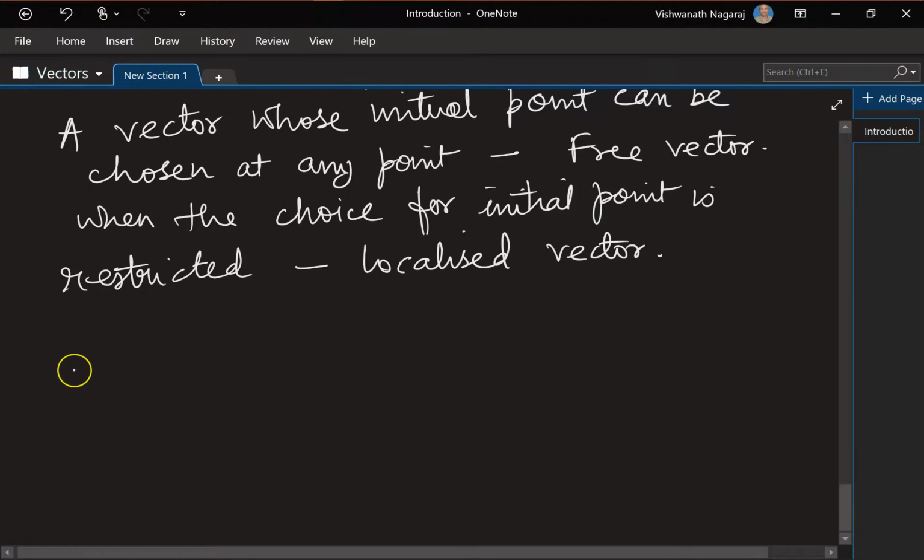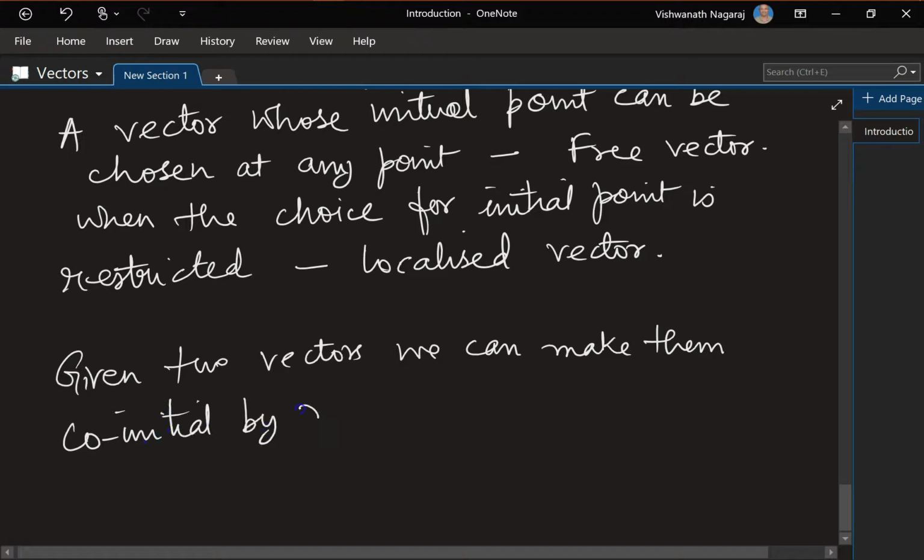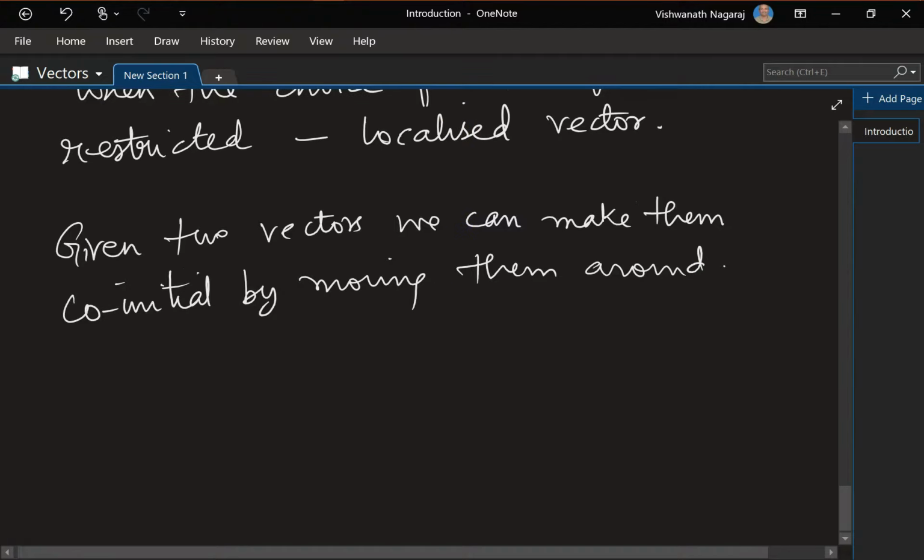As mentioned before, given two vectors, we can make them co-initial by moving them around. So say for example, we have something like this. Now what we can do is catch hold of this and move it around. Remember, we can't change the direction, and make them co-initial.